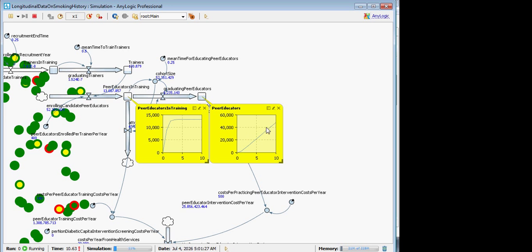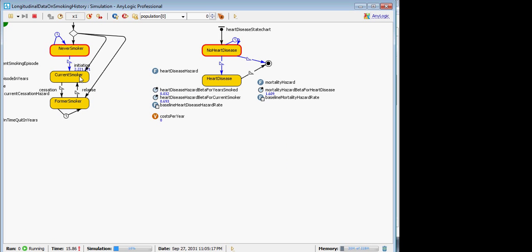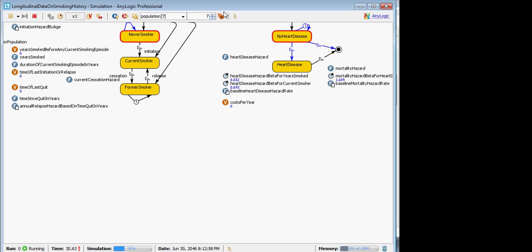And those peer educators are working to influence individuals in the population to get them to quit smoking. Meanwhile, in this population, some of them are starting smoking, some are starting as former smokers, and we have some people in the population whose hazard rate is being affected by the peer educators.